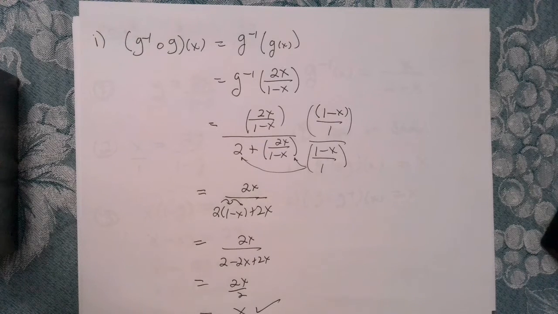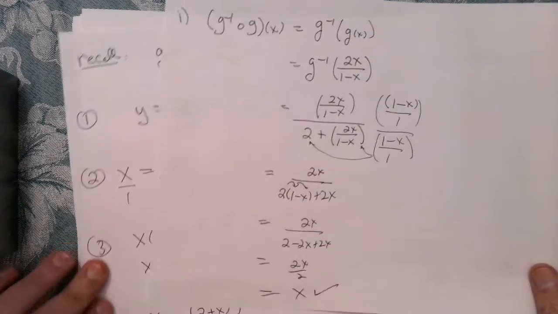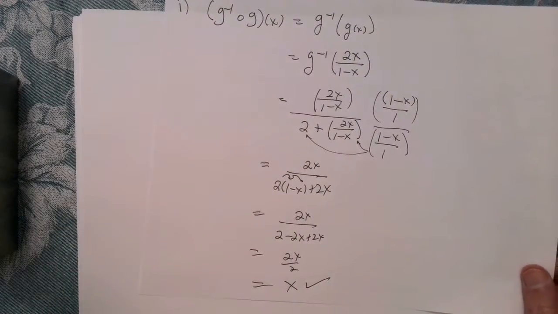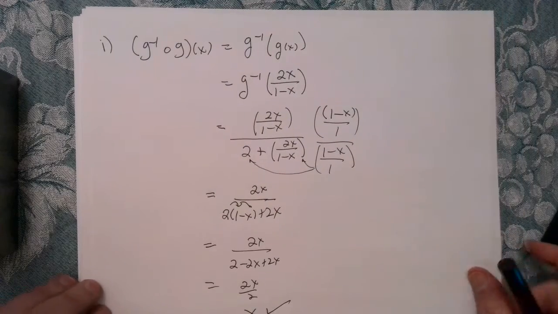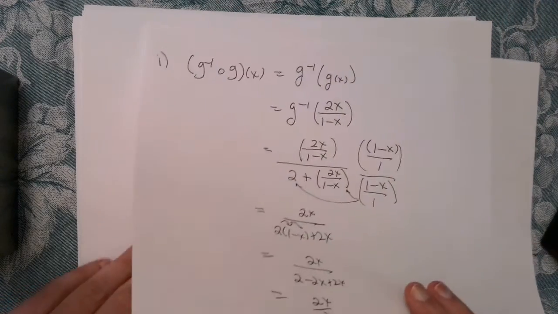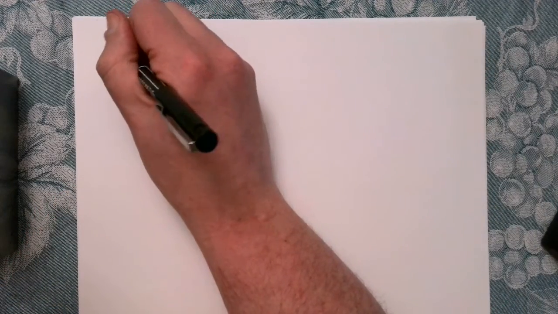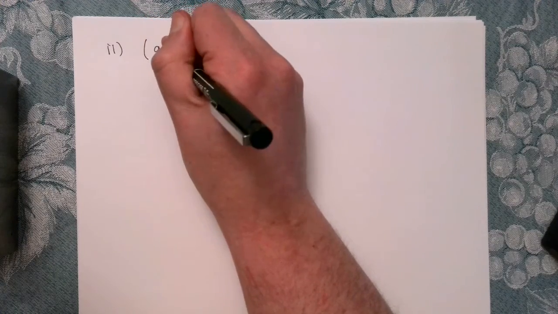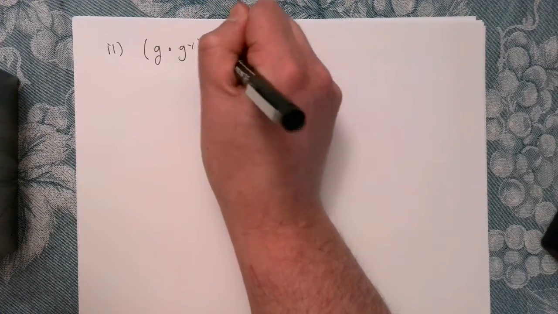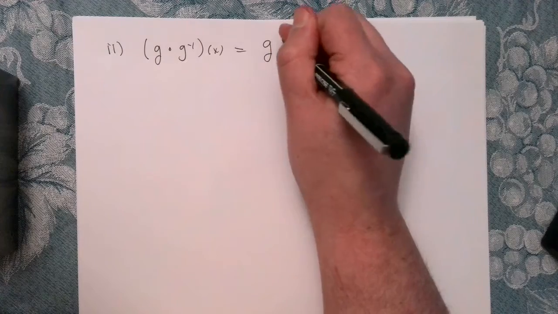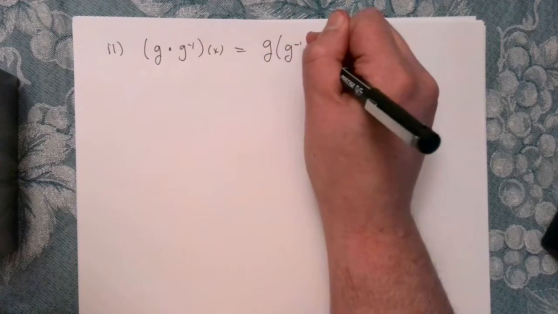Okay, so next we just check the reverse composition. For the reverse composition, we've got g after g inverse of x, but that's exactly g of g inverse of x.